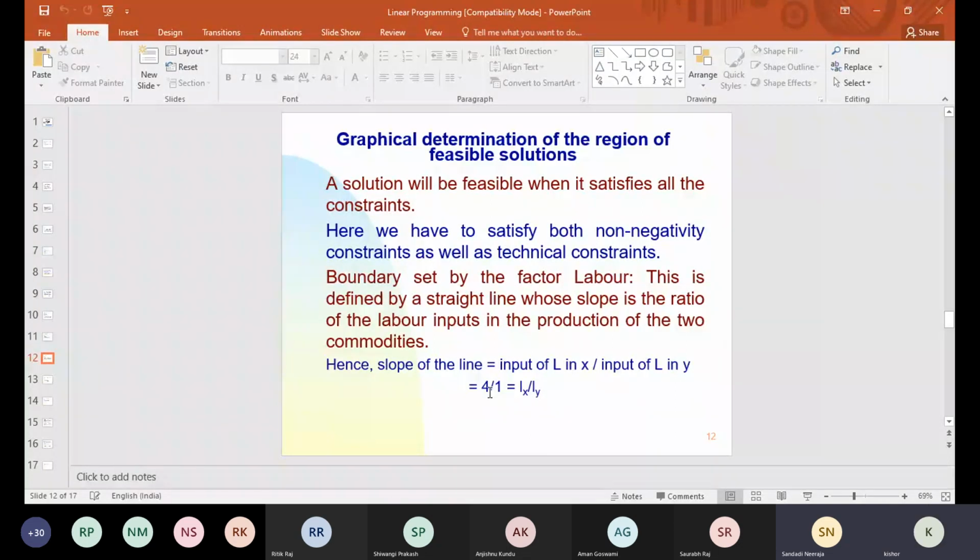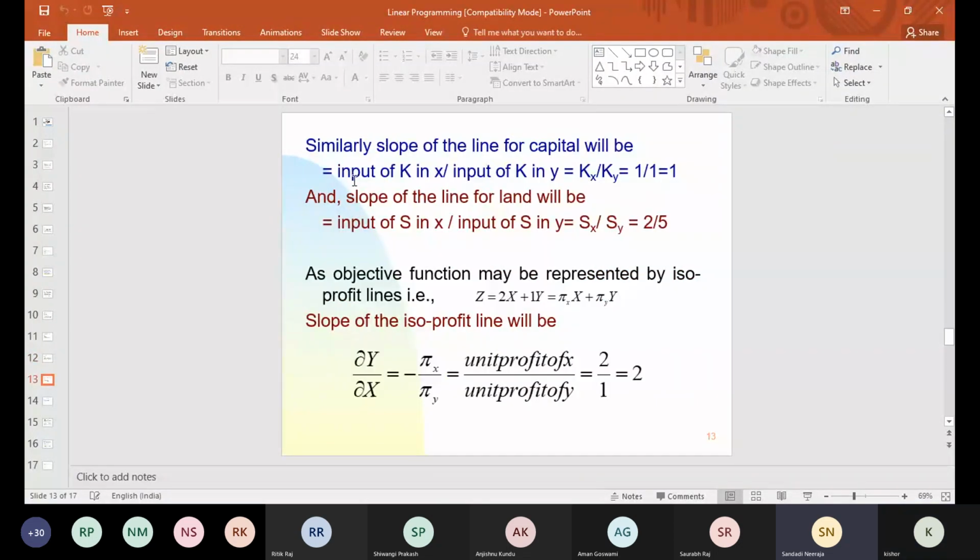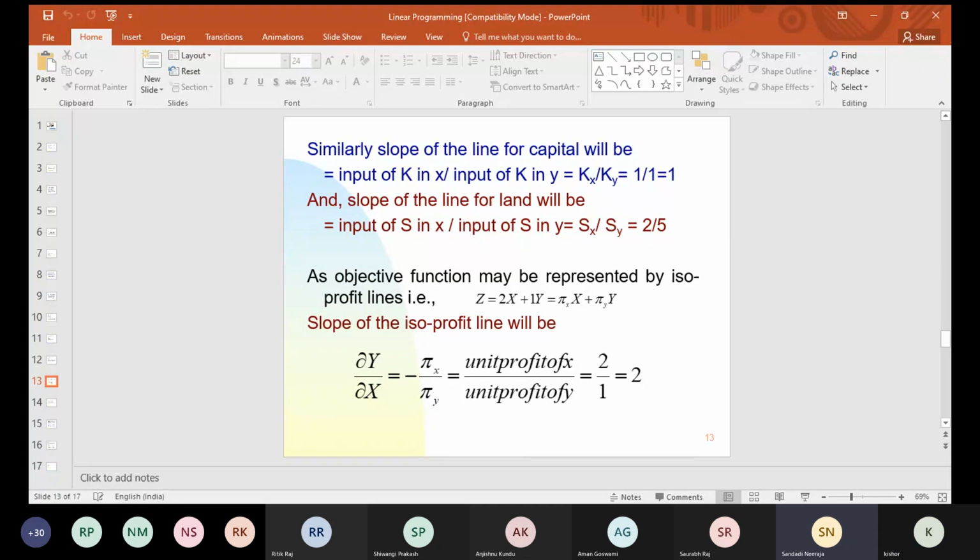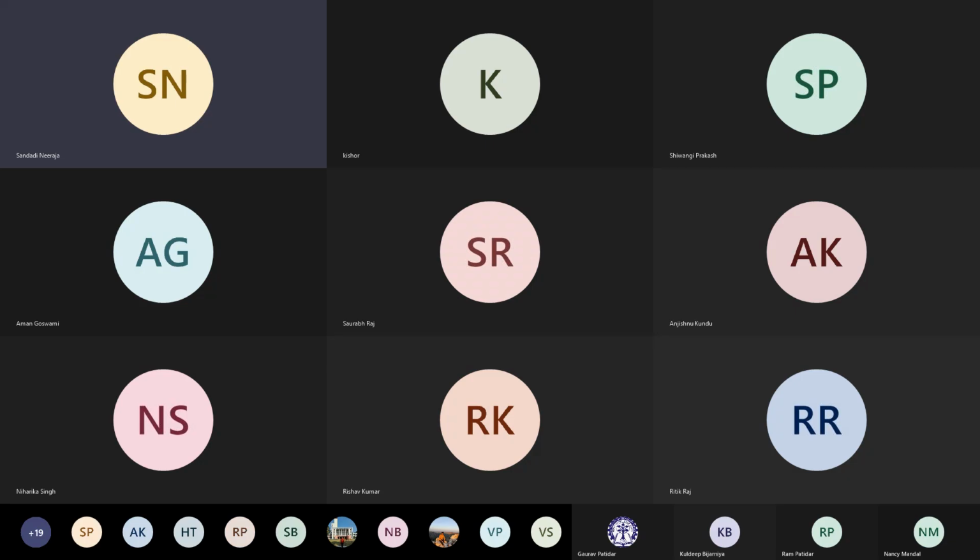For capital, it was 1, because in both sides 3 blocks we identified. Same is the case here. Input of capital in x divided by input of capital in y. So ultimately, slope is 1. And for land, the slope was 2 by 5. You can see our diagram also. I am quickly showing you.